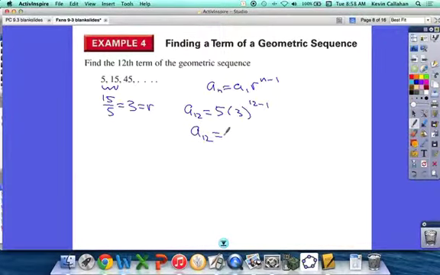A12 equals. And here's my calculator. 5 times 3 to the 11. 885,735.